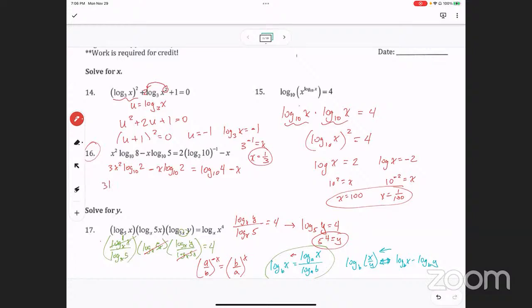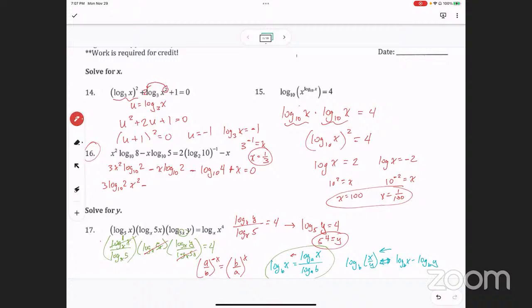I've got 3 log base 10 of 2 times x squared minus, I'm moving everything over, so that means I'm adding x and I'm subtracting log. I just moved everything over to save some space.